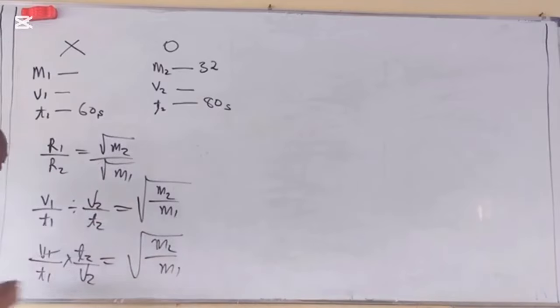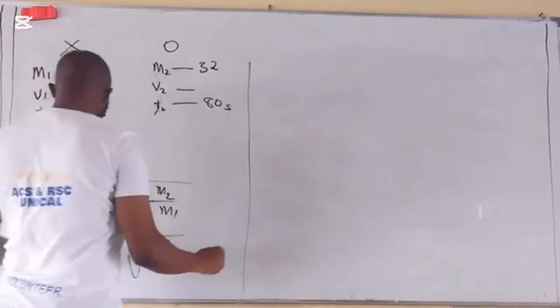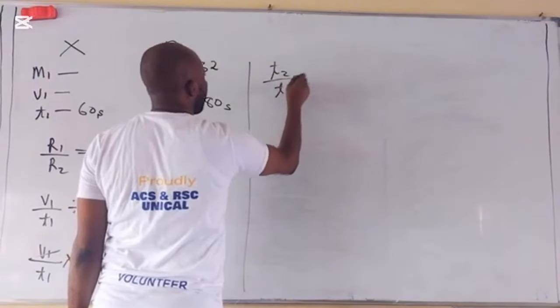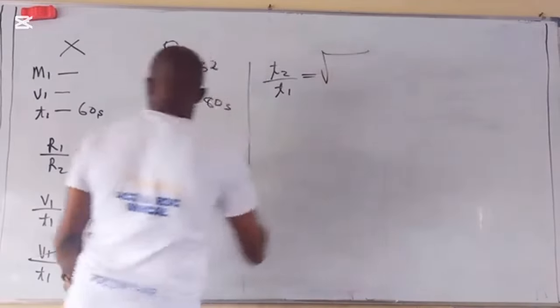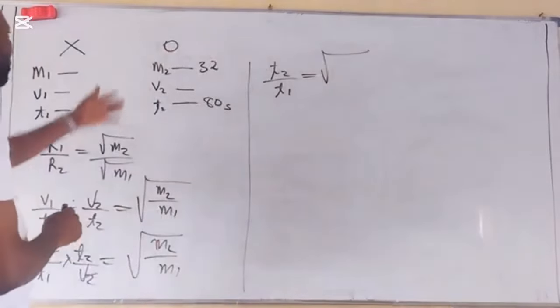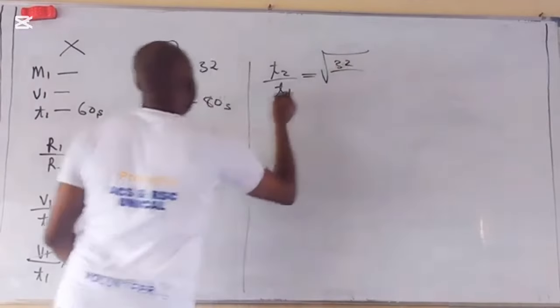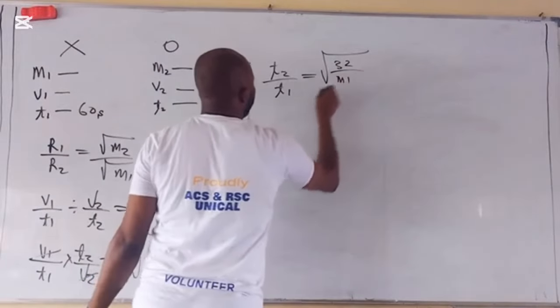Now they say they are equal volumes. So I have T2 over T1 is equals to the root of M2, the relative molecular mass of the oxygen here is 32. Why? That of M1, we don't know. So I have my M1.